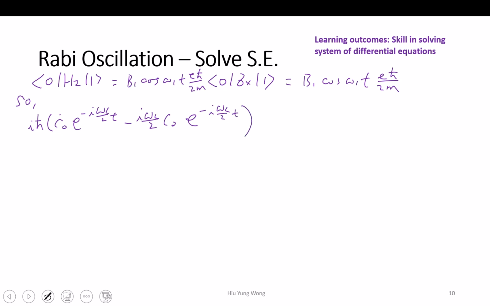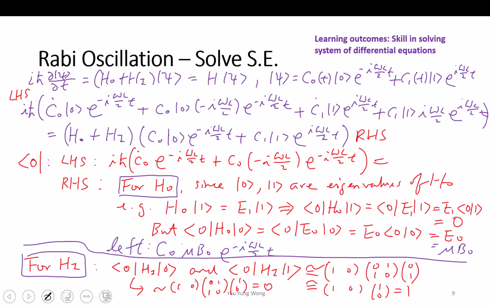This is the left-hand side. This whole thing, so what I'm copying, just copy this one.